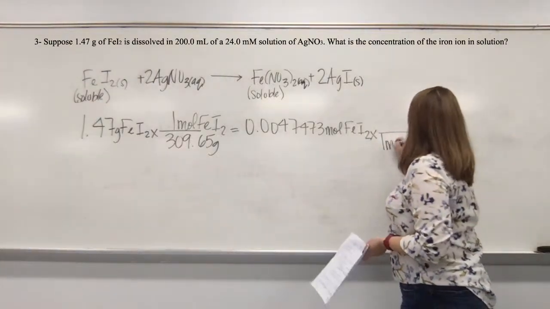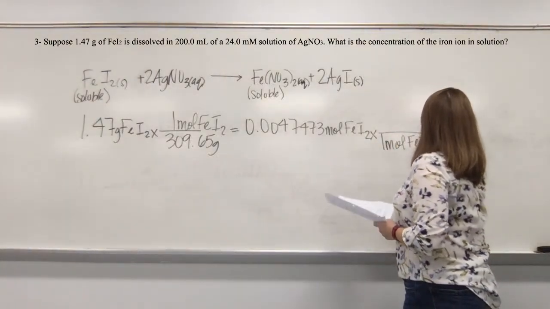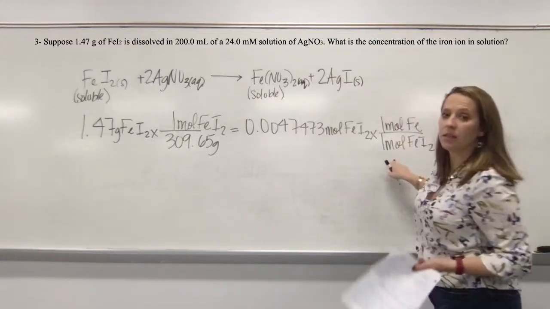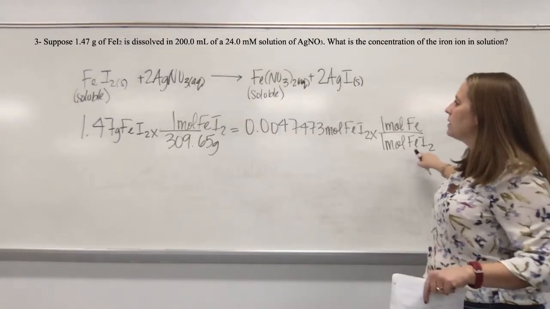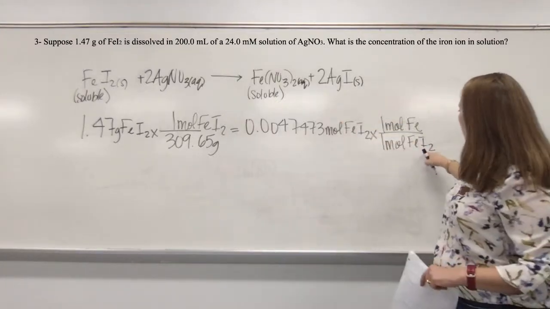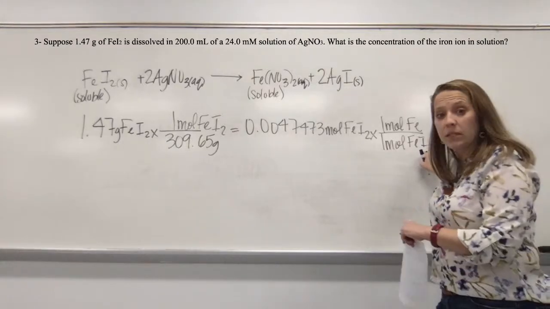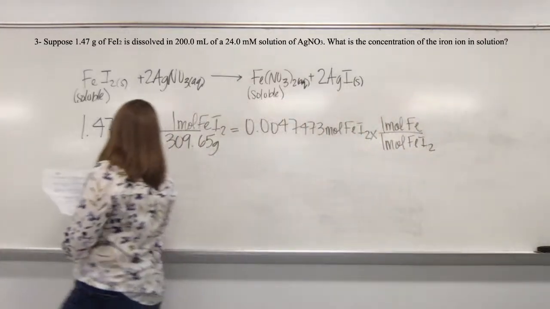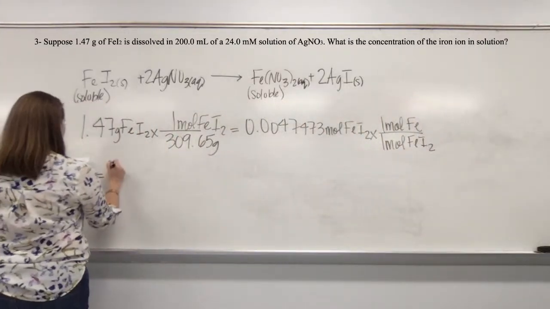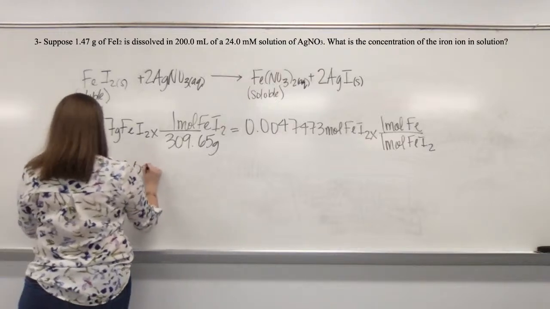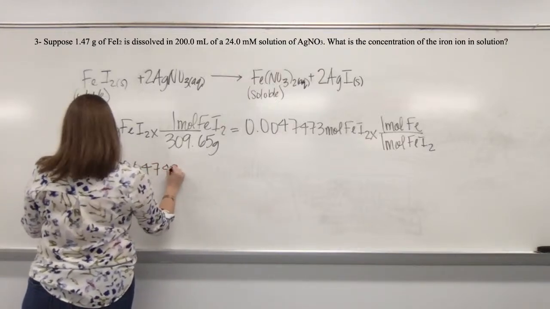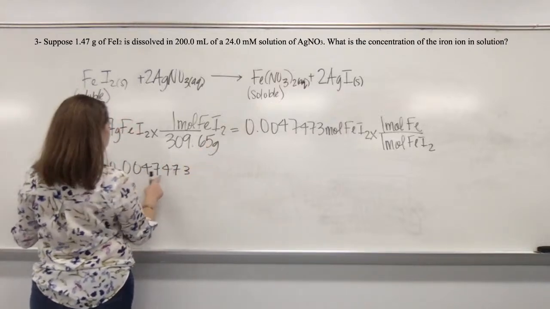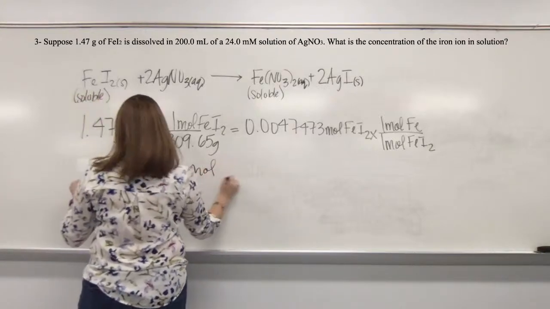I'm going to show this step even though it gives you the same answer. For every 1 mole of FeI2, we get 1 mole of Fe. This is another important step. If we had asked about the iodide ion, if it was still in solution, you would need to think about this. So now we have our total number of moles, which is 0.0047473 moles.